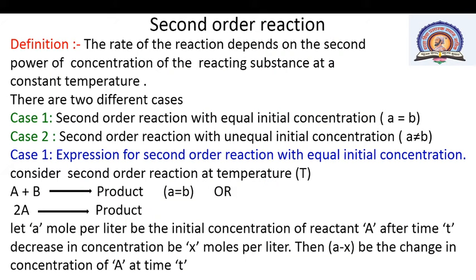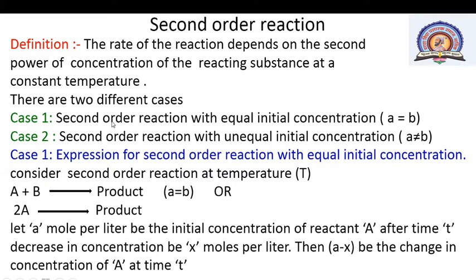First of all, the definition of second order reaction. The rate of the reaction depends on the second power of concentration of the reacting substance at a constant temperature. Second order reactions are classified into two different cases.